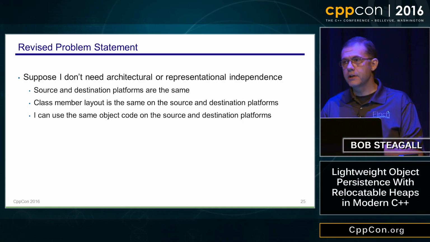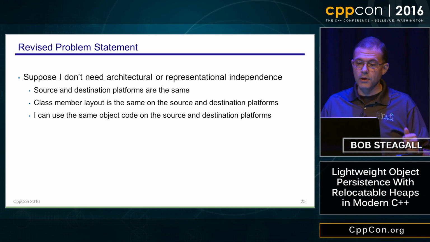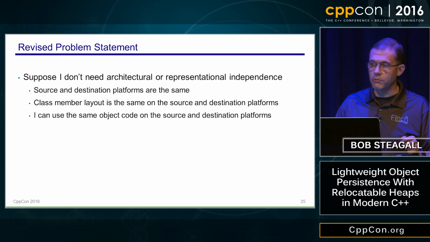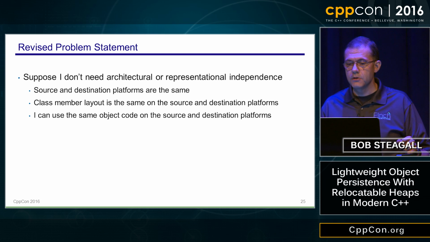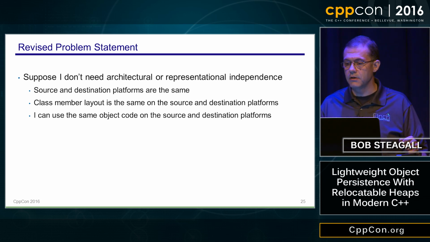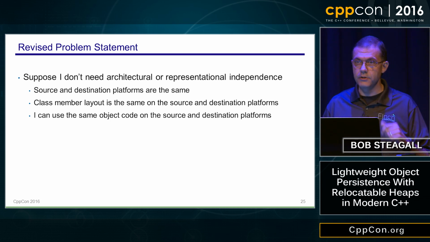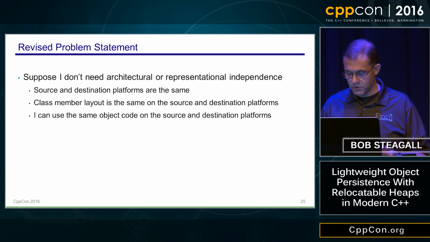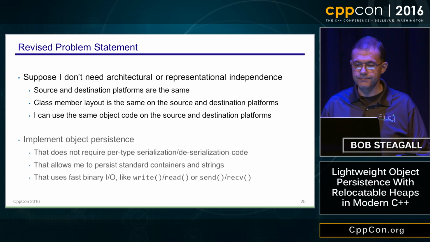Well, let's change the problem statement. Suppose that I don't need architectural or representational independence. Suppose that my source and destination platforms are the same or very close. Suppose that I'm positive the class layouts and corresponding source and destination objects are going to be exactly the same. And suppose I'm willing to use the same object code on either side, or code that's very close.